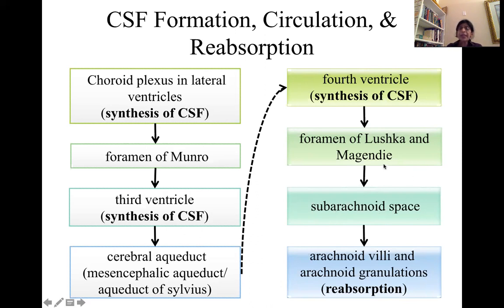How? The amount of CSF that gets into the subarachnoid space will ultimately be drained into the capillaries. Okay, the arachnoid would have these finger-like projections here and there, and they're called arachnoid villi and arachnoid granulations, and they lead the emptying of CSF into those dural sinuses that we talked about before.